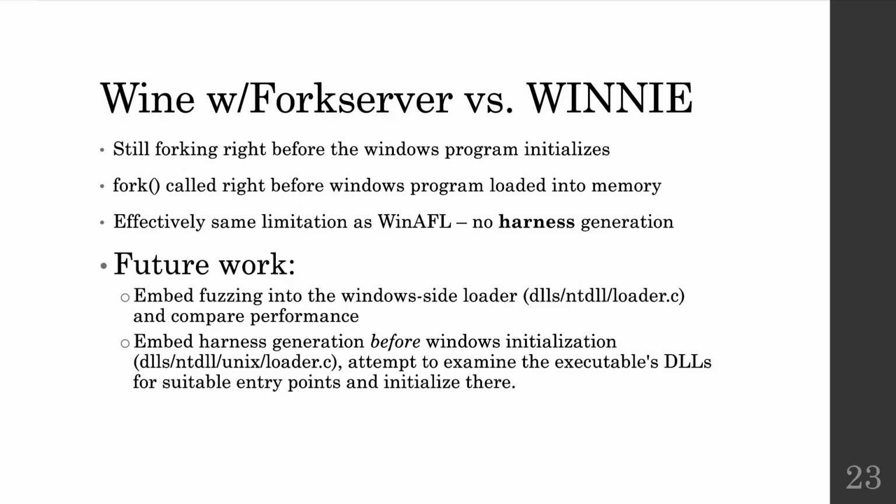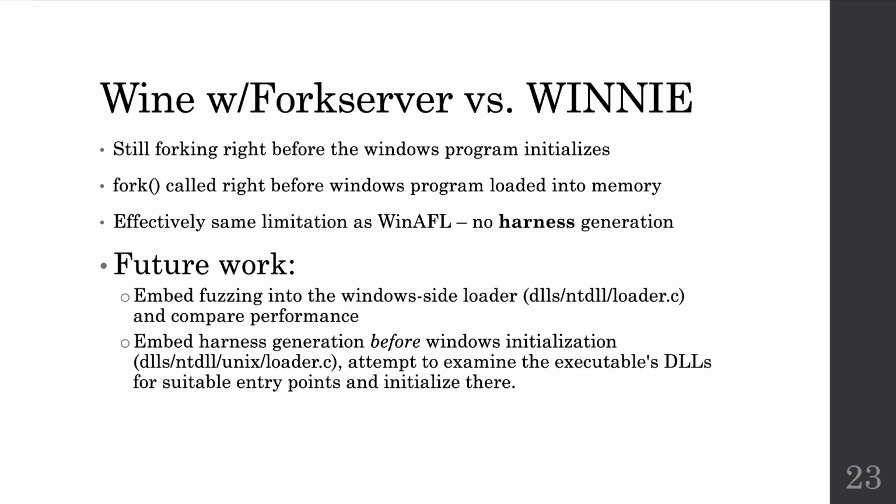Theoretically, you could implement WINEO within our Wine Forkserver as well. But effectively, we are forking right before the Windows program starts. So it's similar to WinAFL in that you're running the whole program, you're not generating a harness, and what overhead is removed is the Wine overhead, not any of the Windows-specific overhead.